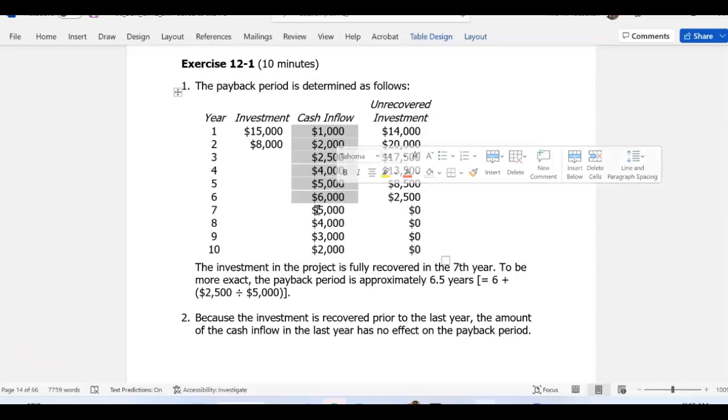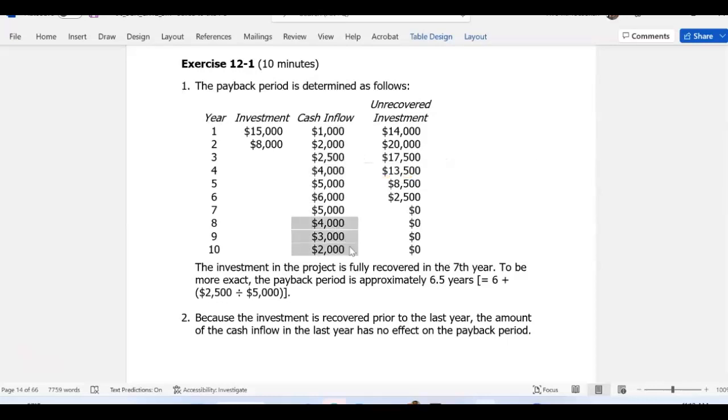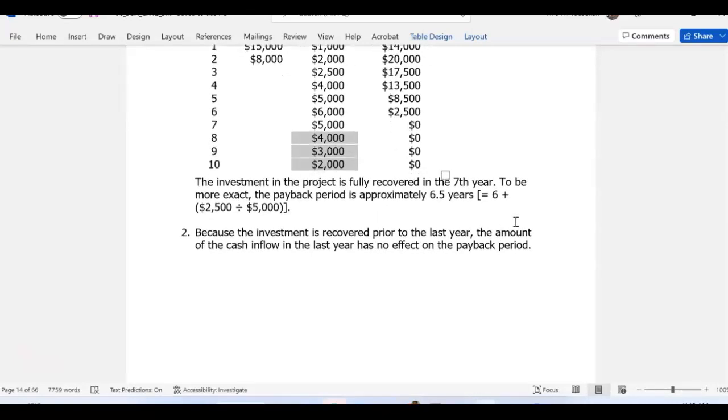Also, we are ignoring the rest of the cash flow in payback period, which is another issue. Okay. That's number one. Let's go to number two.